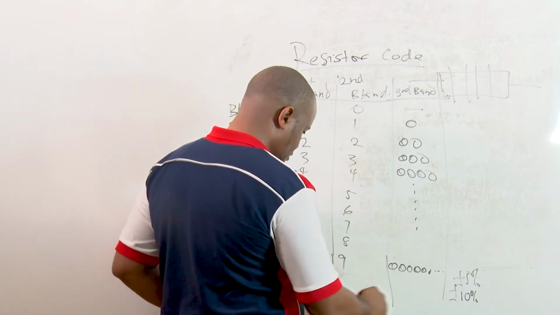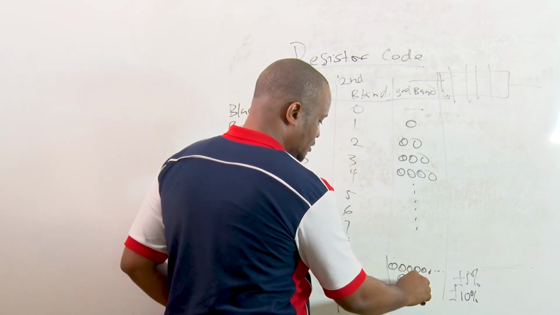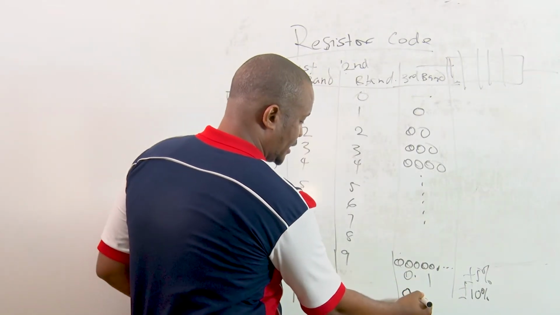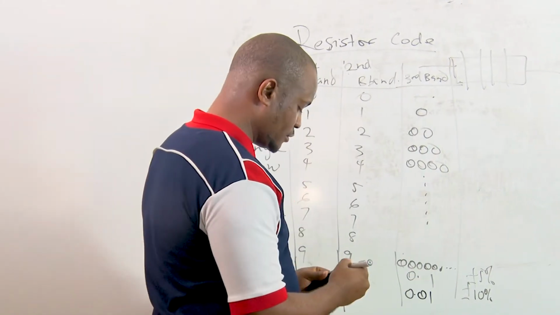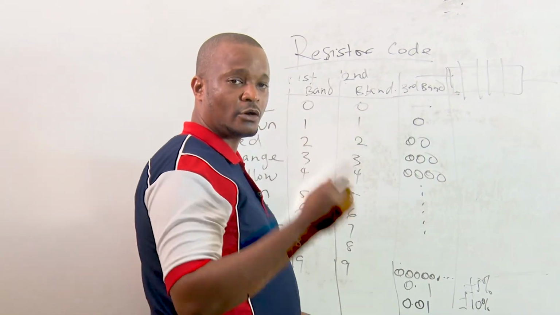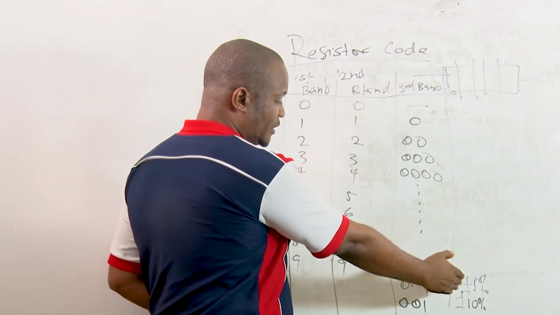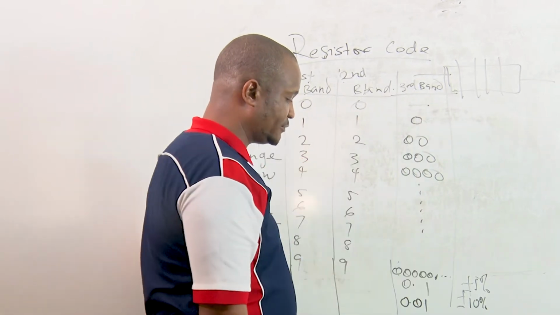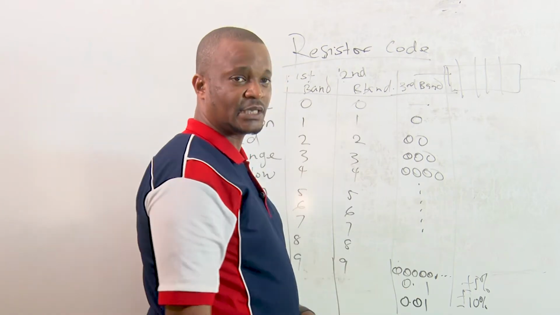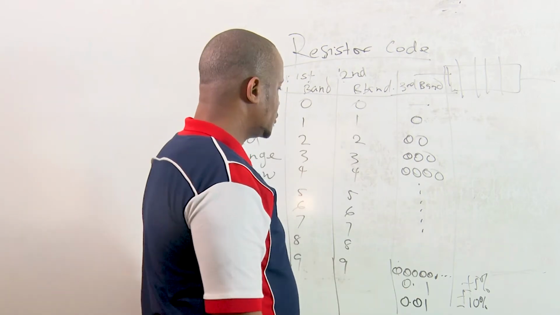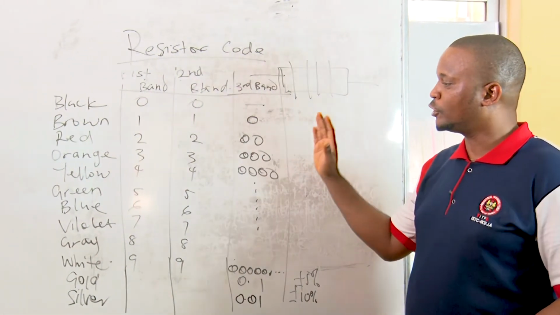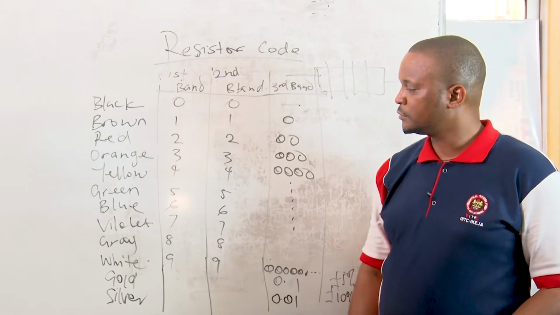And for the third band, gold is 0.1 and silver is 0.01 on the third band. So it has a value on the third band, but as tolerance, gold is plus or minus 5%, and silver is plus or minus what? 10%.